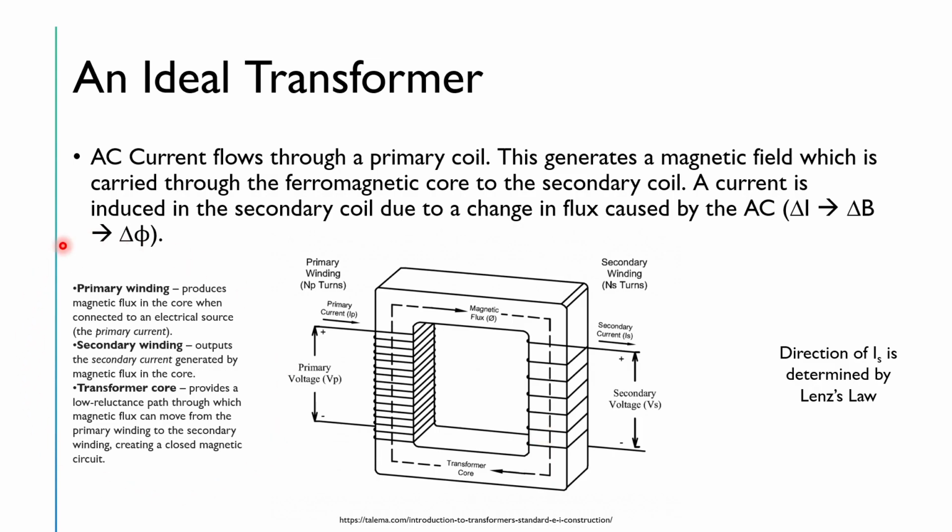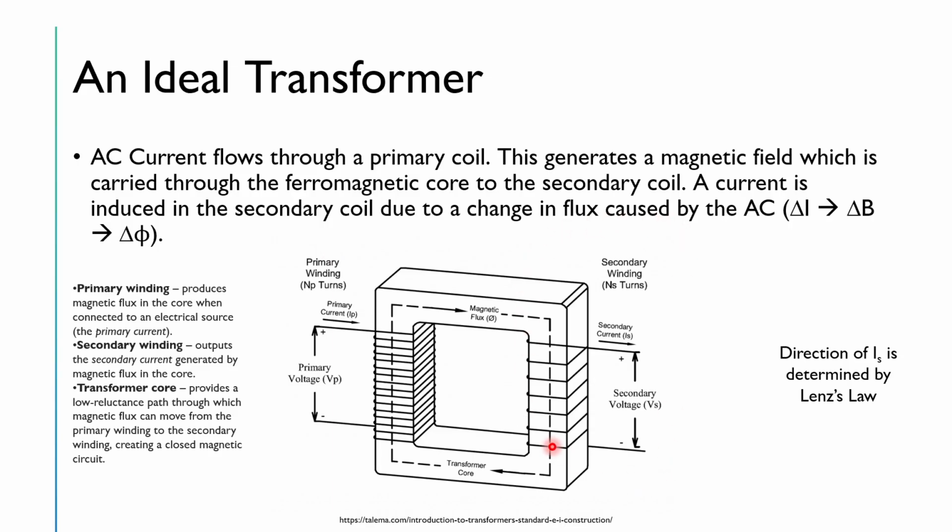There's a little bit more information about the primary and secondary coils, as well as the transformer core over here. Feel free to read that. And in the diagram, what I want to point out is that on the left-hand side, we have the primary coil that has a voltage VP, a current IP, and also has a certain number of turns in the coil, which is given as NP.